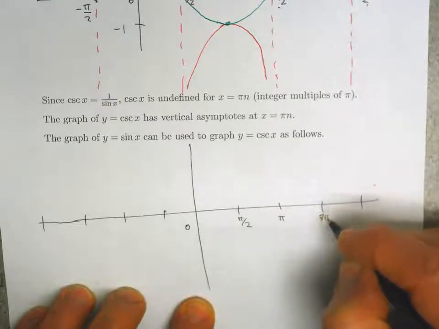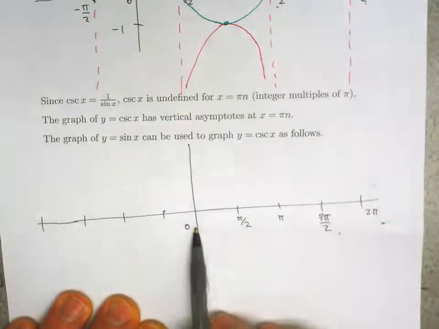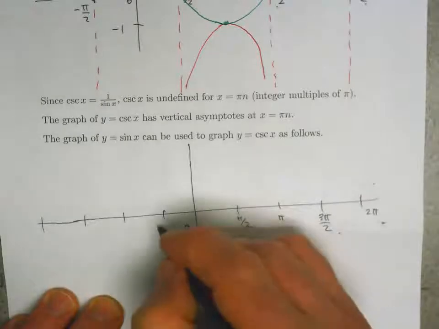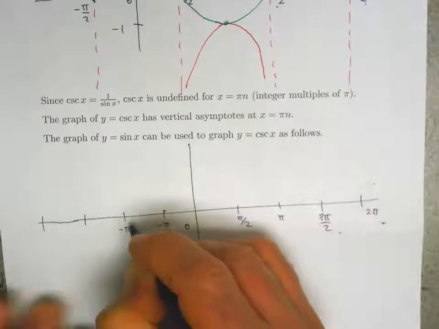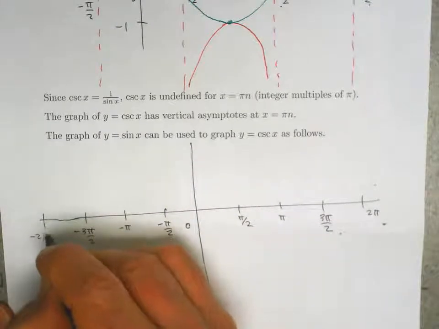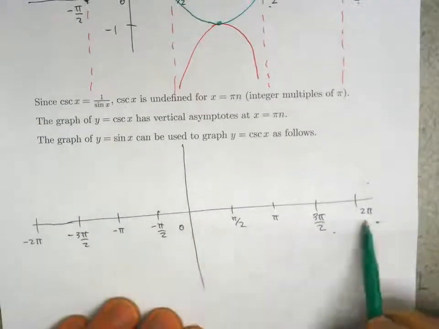So if we subdivide the interval from 0 to 2 pi into 4 parts, so let's start from 0 to 2 pi first.